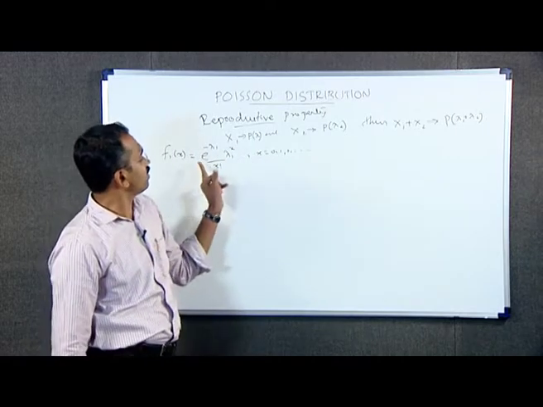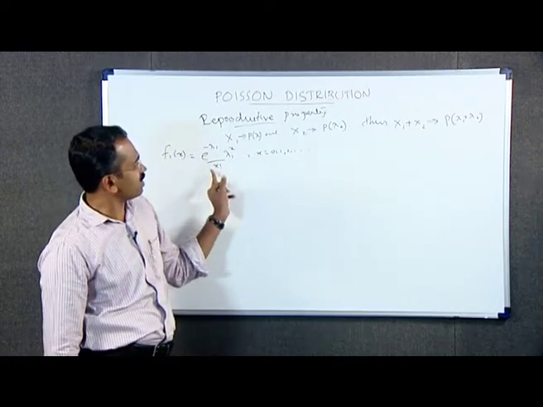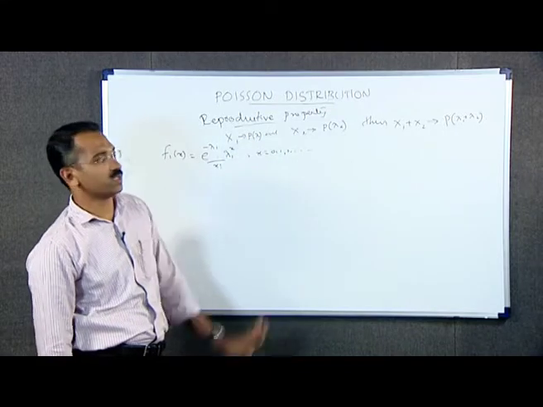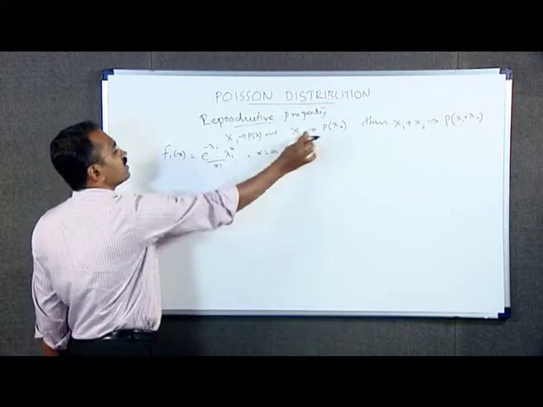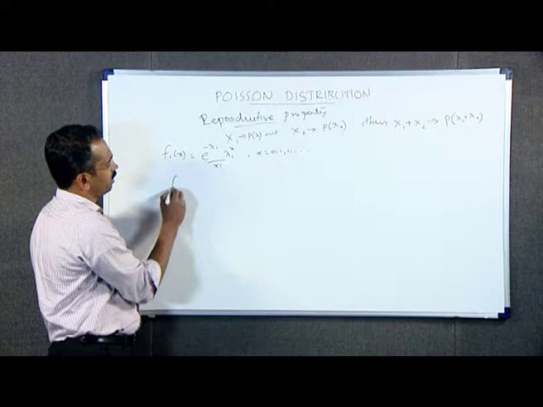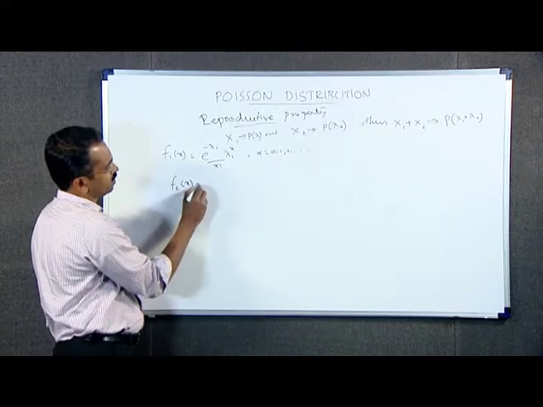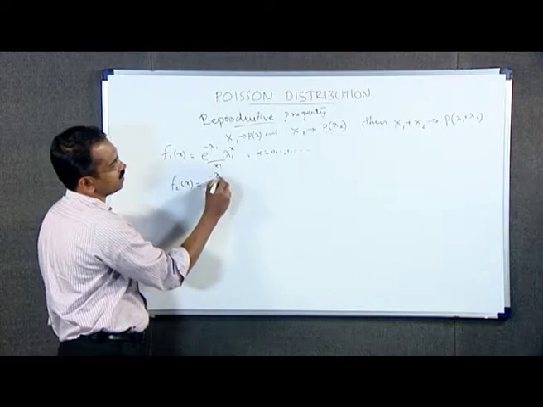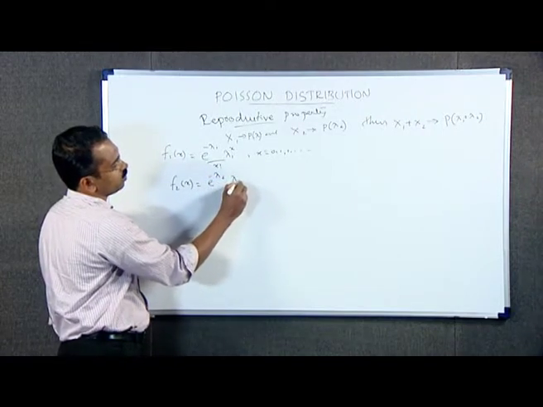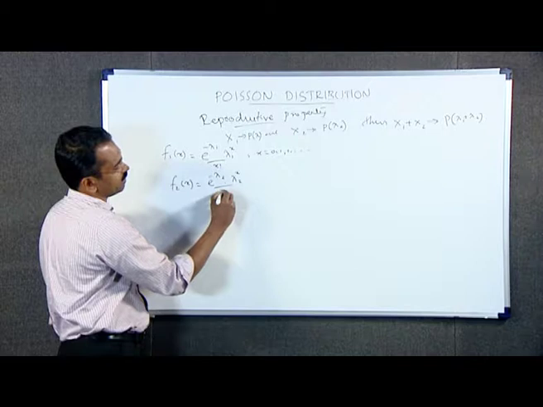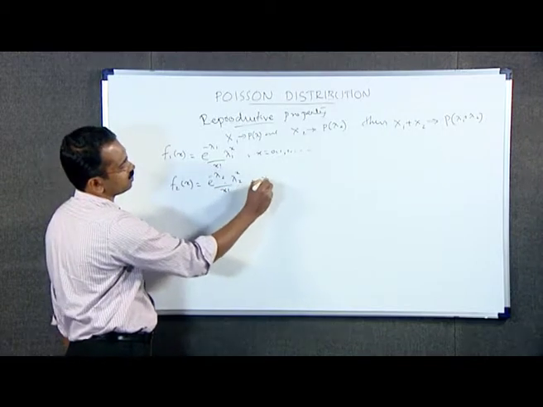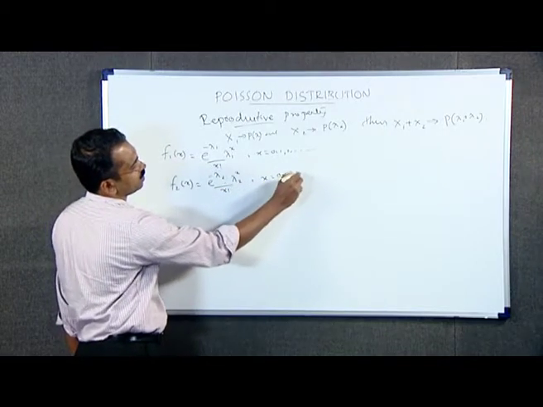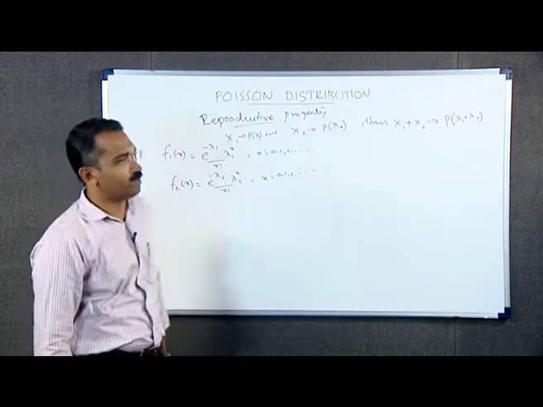This is the probability mass function corresponding to the first case. And for the second case, we have f2 of x is equal to e raised to minus lambda 2 into lambda 2 raised to x divided by x factorial. Here also x varies from 0 up to infinity.